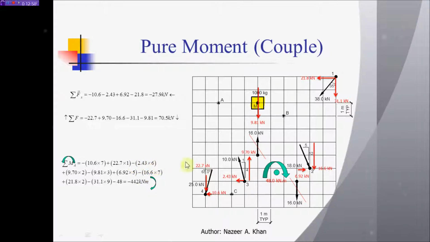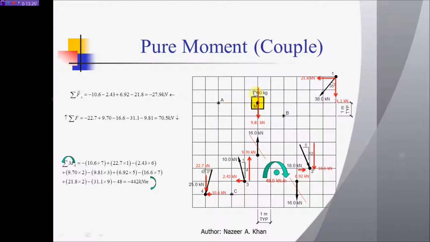And for the vertical, we will do 9.70, and the line of action will be 2. It'll be going positive. 9.70 times 2, going in the positive direction. When we look at the next one up, that would be this force here, 9.81.